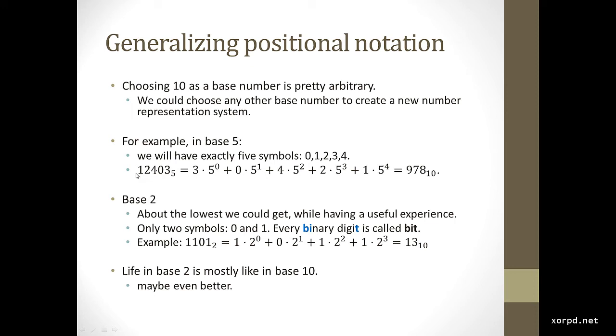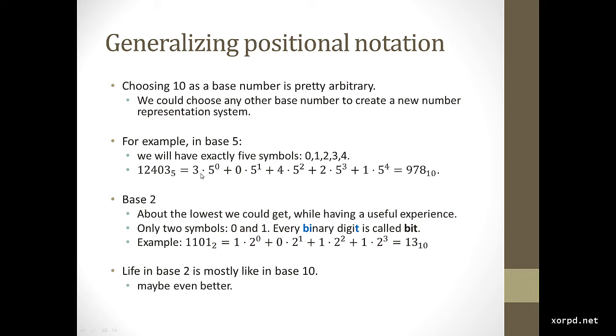As an example, this number 12403 in base 5, this is how we note base 5, equals to this number: 3 times 5 to the power of 0, plus 0 times 5 to the power of 1, plus 4 times 5 to the power of 2, plus 2 times 5 to the power of 3, plus 1 times 5 to the power of 4, which eventually equals this number.